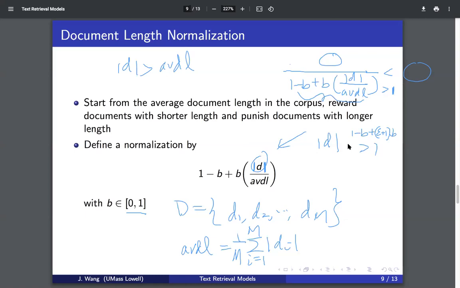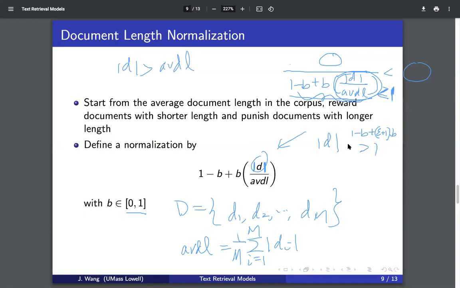If D is exactly equal to AVDL, then this bottom is equal to 1, so there is no penalty and no reward. And likewise, if the size of D is less than its average, then this part is less than 1, so the whole denominator is less than 1.